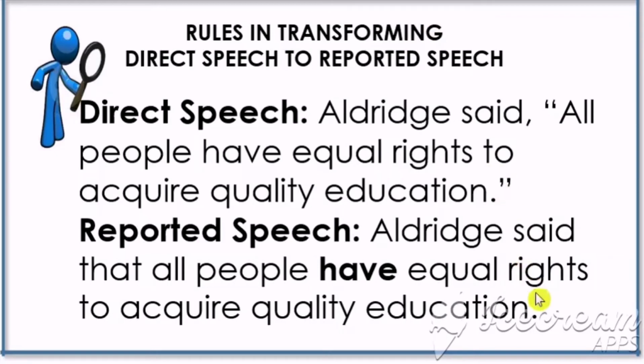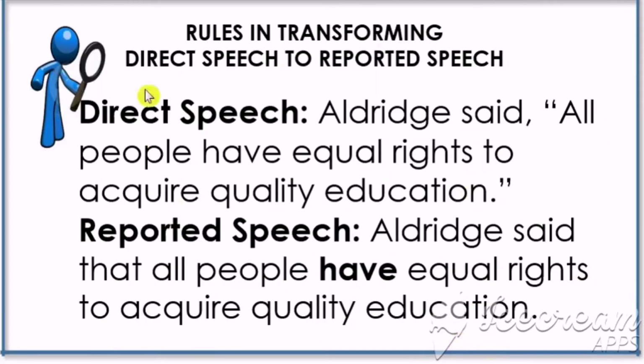For example, Aldrich said, all people have equal rights to acquire quality education. So what is the reported speech? Aldrich said that all people have equal rights to acquire quality education.